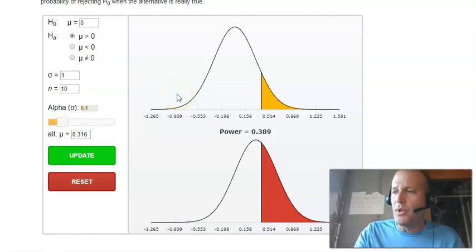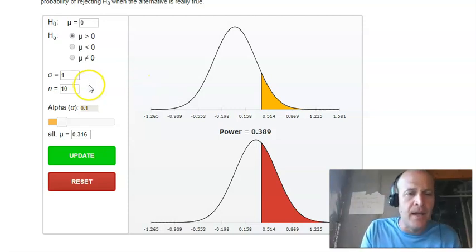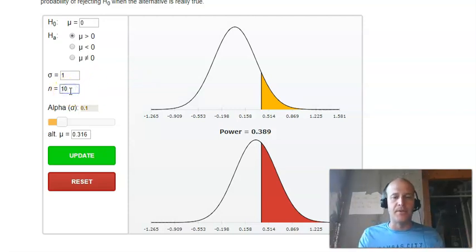Question 3, the researchers would like to replicate this experiment. Describe one change that would increase the power. So I told you one change. If you increase the significance level, you will increase the power, but that also has some disadvantages. Another way is to increase the sample size. Let me show you what I mean by that. Here I have a sample size of 10.